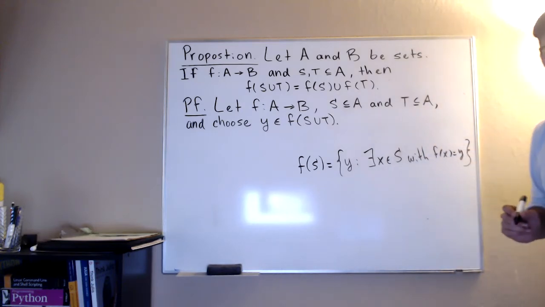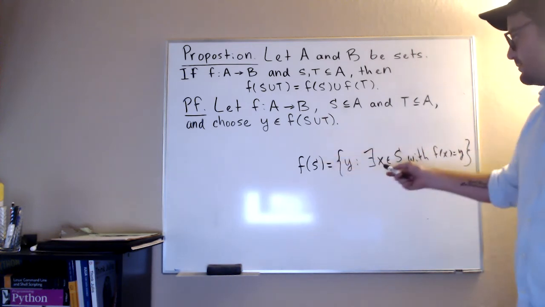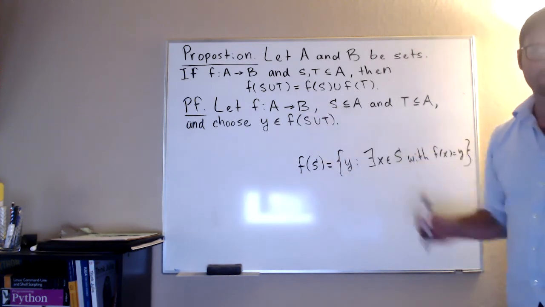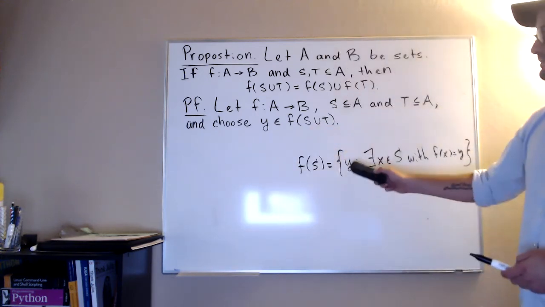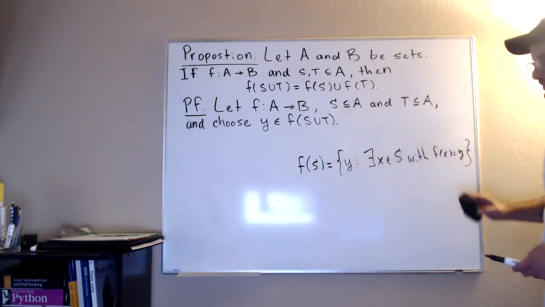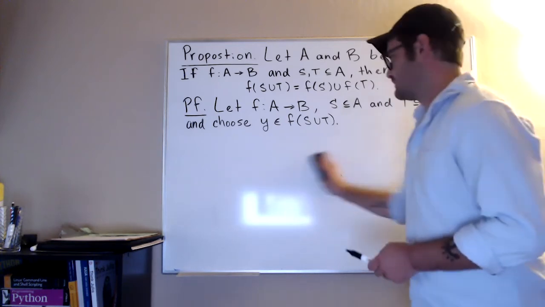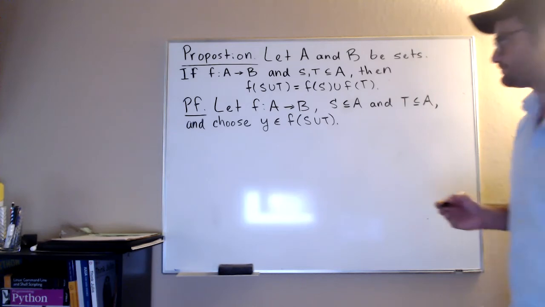The definition I covered last time. So by definition, there's going to be something in the union sent to it. Just remember that, or have it handy when you're looking at this proof.